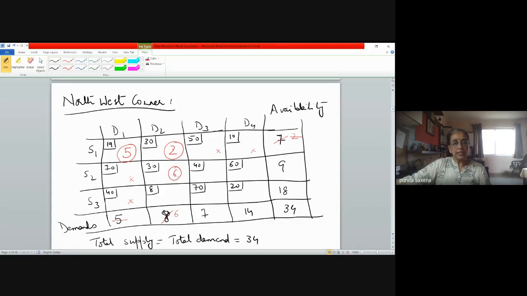So we supply 6 here. This gets filled, but the source can still supply 3 more units. Now in this case, again, the allocation made is equal to B2. So we move horizontally to the next cell.